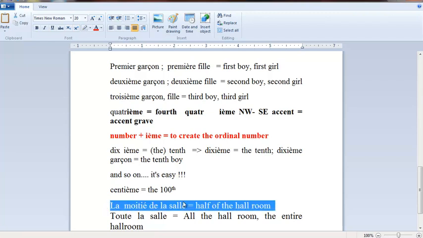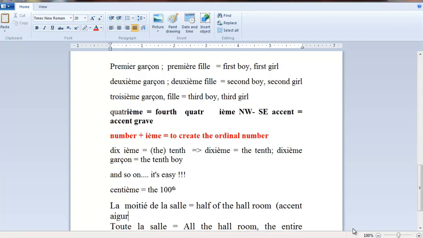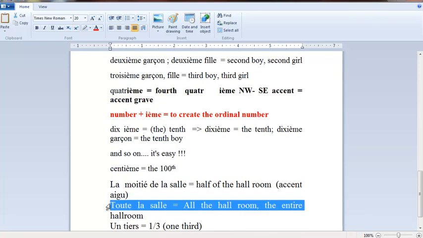Also memorize this sentence. La moitié de la salle, half of the whole room. And here you've got another type of accent that's northeast to southwest on letter E from elephant. This accent is called accent aigu. Toute la salle.